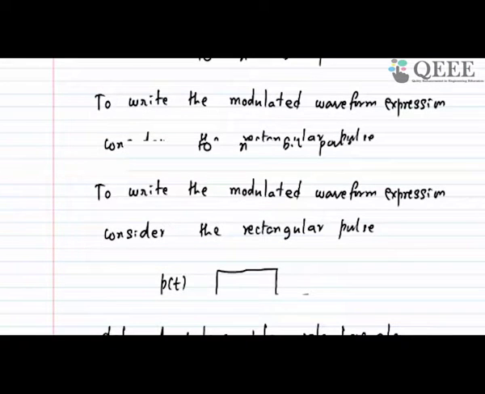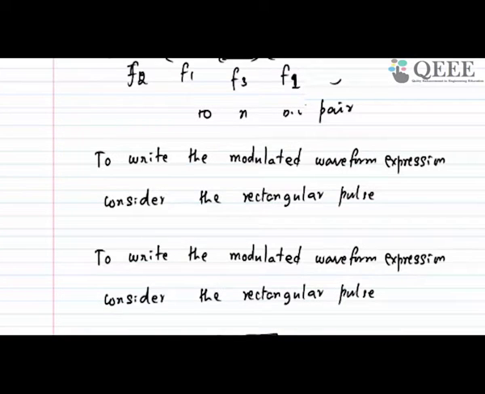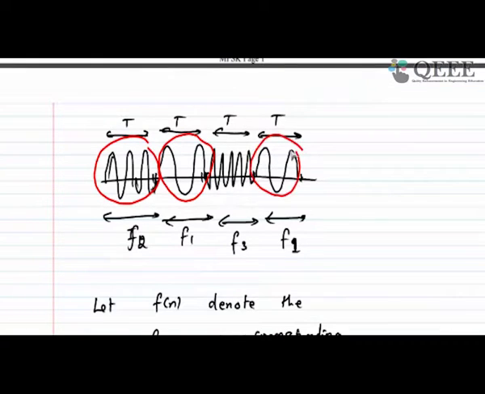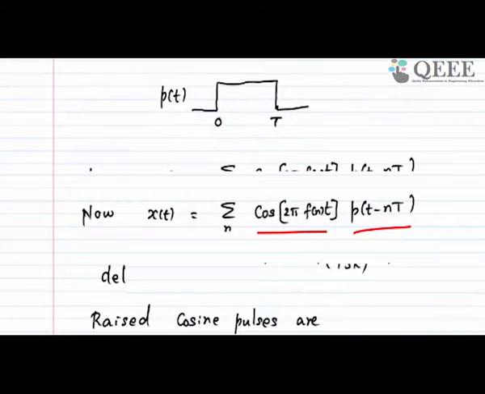So that is what is written here, right? Each segment, for instance this segment of the waveform, is obtained by multiplying the cosine waveform of this frequency f1 with the pulse delayed by 1t, 2t, 3t seconds, right? So this is how you are obtaining the modulated waveform.